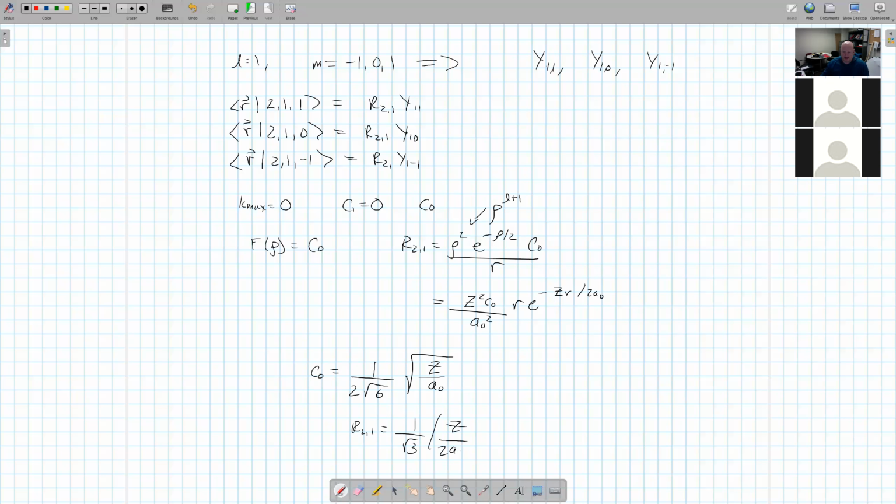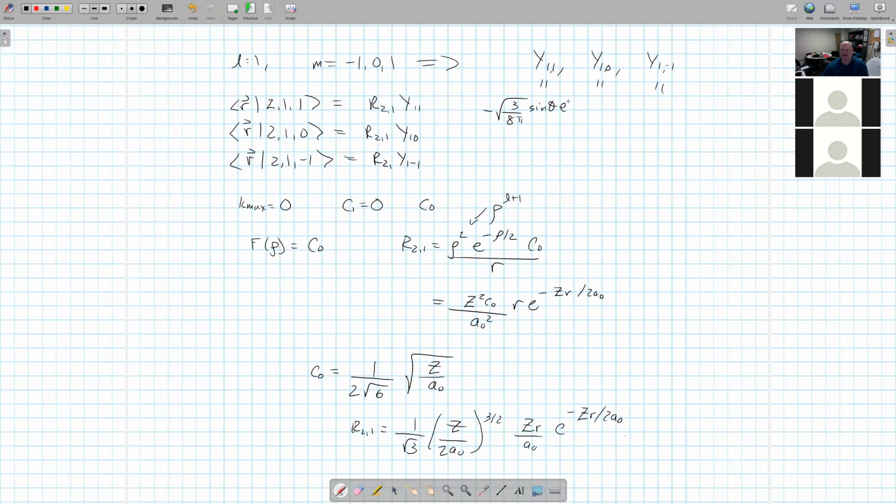So from here, we would just plug these back in, so this term would be here, and then use what Y11, Y10, and Y1 minus 1 are. So Y11 is equal to negative the square root of 3 divided by 8 pi sine of theta e to the i phi.